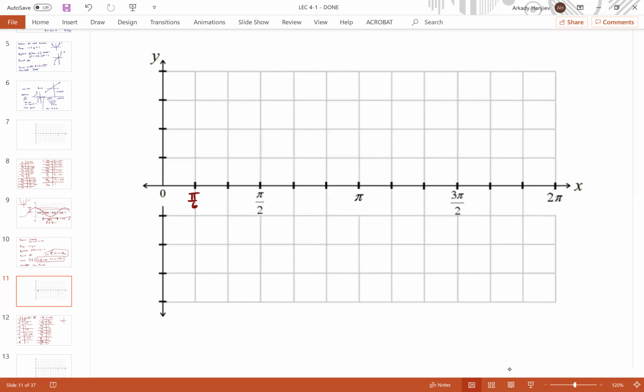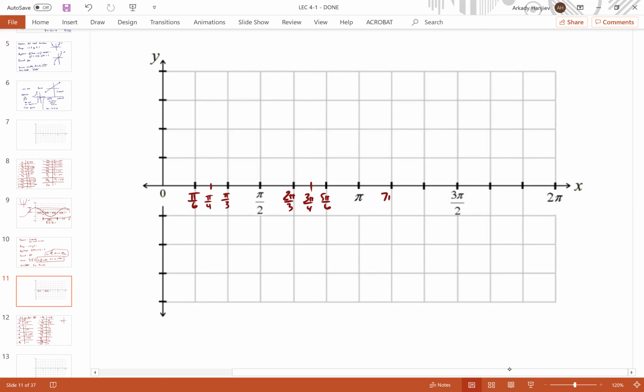This is going to be pi over 4, pi over 3. Then we go to the next line completely here. This is 2 pi over 3, 3 pi over 4 with a 5 pi over 6. Then we hit pi.